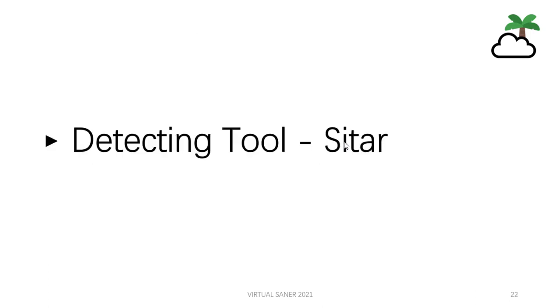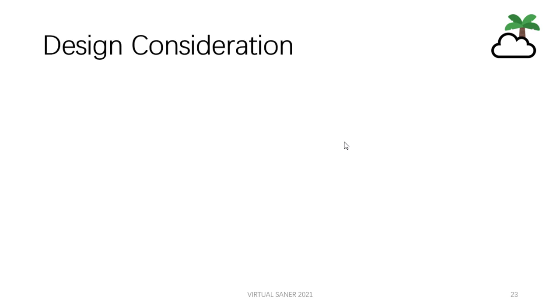Based on our empirical findings, we designed an effective detecting approach. We call it Theta. Through the empirical study, we know that a detecting approach should take many factors into account.